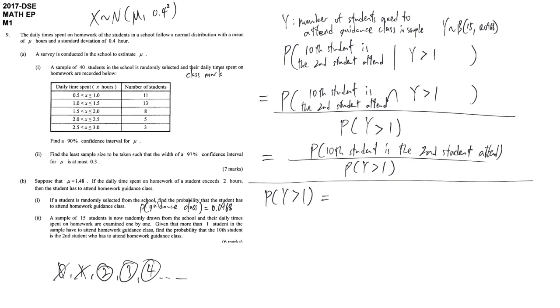So it's equal to 1 minus the two cases. In your exam, make sure you list out the outcomes like this and then exclude the unwanted ones. Avoid any careless mistake. So we have 1 minus fail for 15 times in a row. So 1 minus 0.0968 to the power 15.